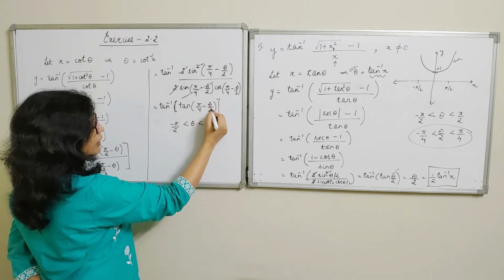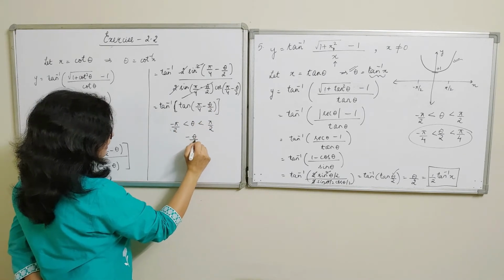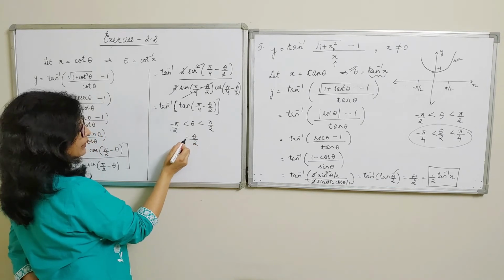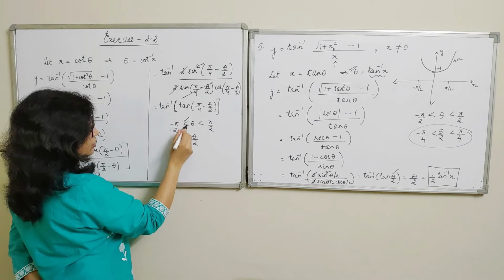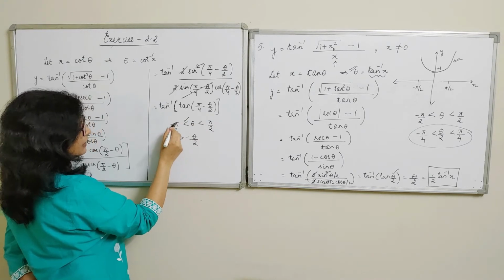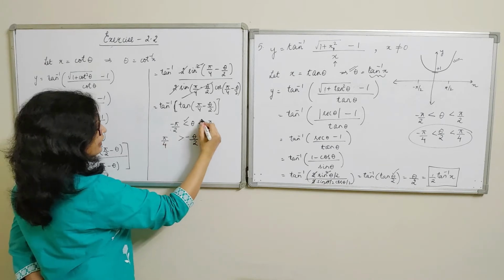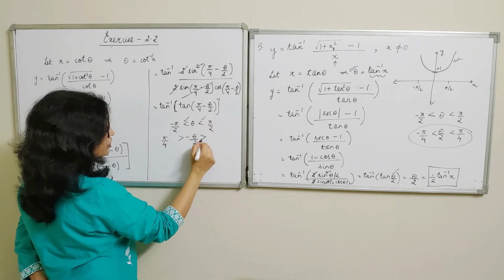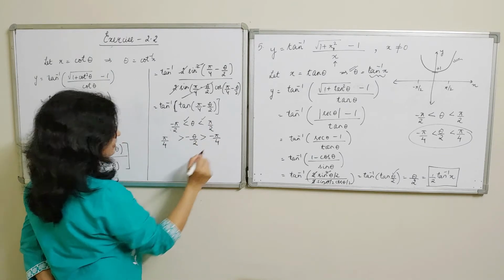You want an angle minus theta by 2, so multiply this inequality by minus 1 by 2. Now when you are multiplying by a negative term, the sign will change, greater than becomes less than, multiplying by minus half, you get pi by 4. Again this sign less than will change into greater than, multiplying by minus half, we get this.